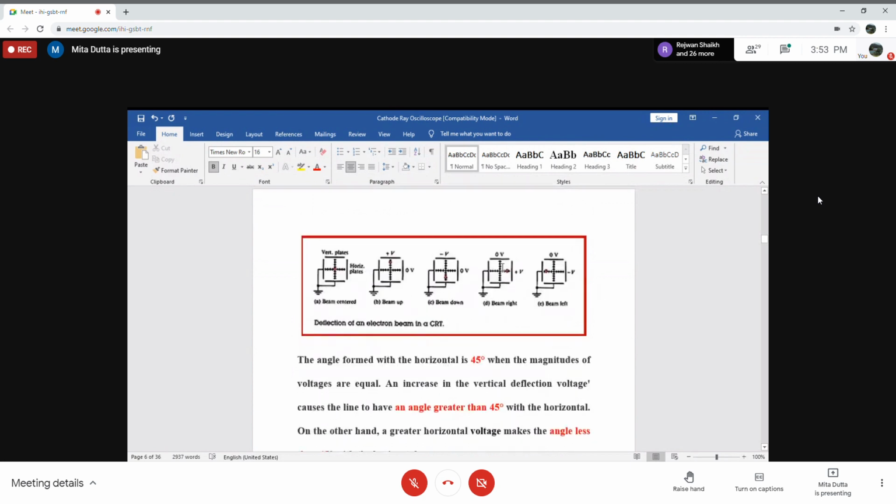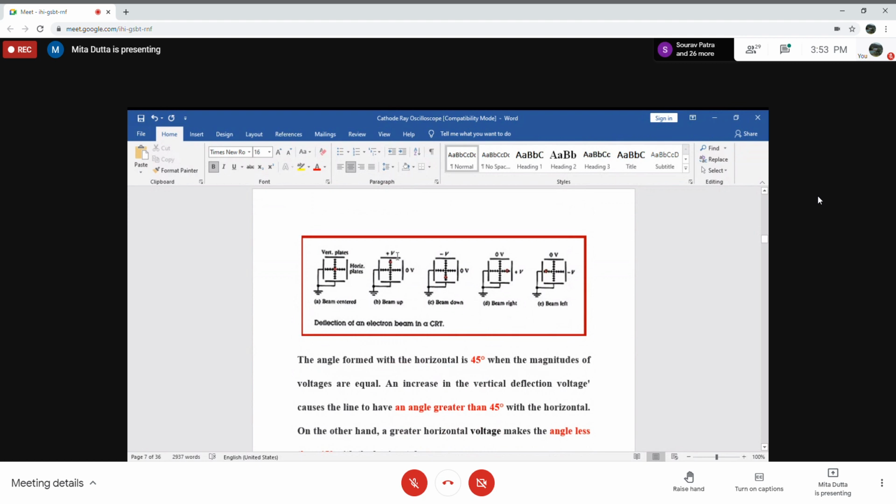So when there is no voltage in this figure, both vertical and horizontal plates are grounded, so the beam will be at the center. When we give positive voltage to the vertical deflecting plates, since the electron beam is negatively charged, it will be attracted upwards.